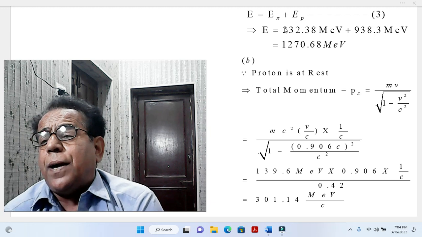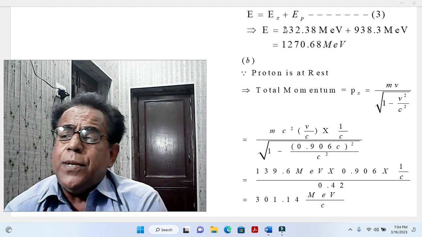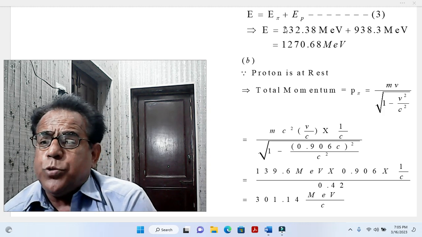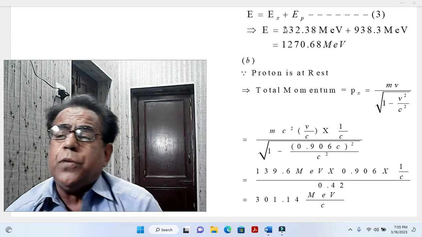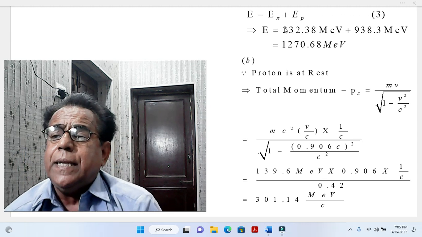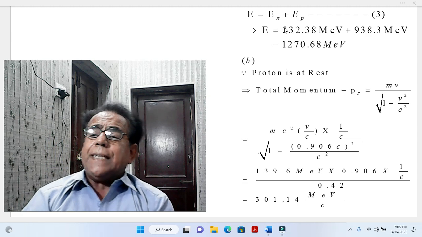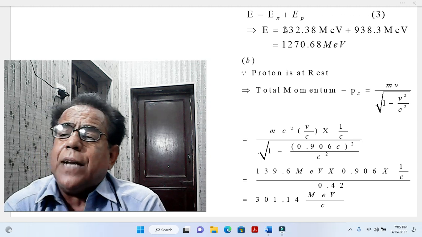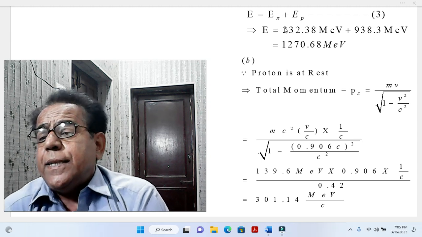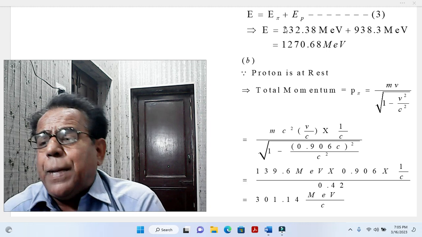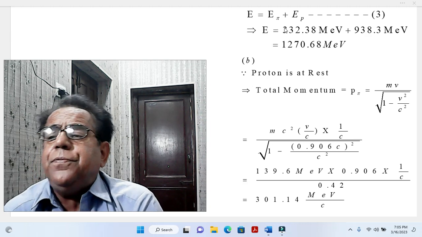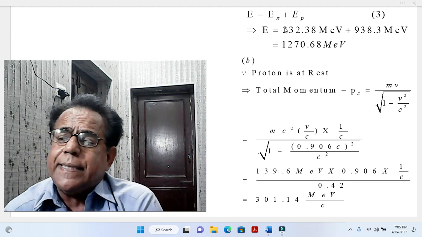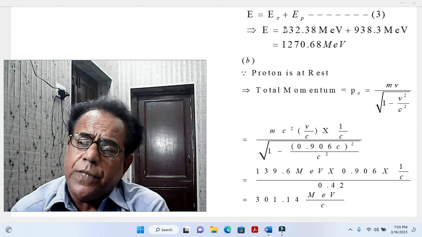The next part is that in the denominator, c square we have separated into c into c, because one c we have written below v, that is v over c, and the second is multiplied with 1 over c. Okay, students, in place of v, the value of v is given in the statement: 0.906 c over c square. Here c square will cancel out with c square.